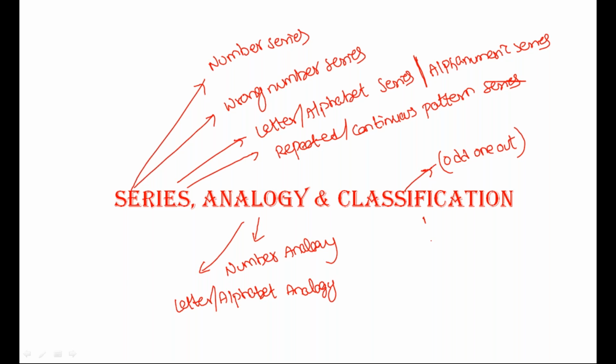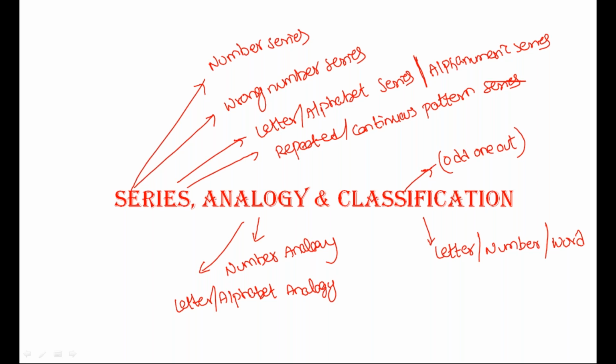Whereas in classification, we want to discuss again letter odd one out, number odd one out, and word odd one out also. They'll give some words, and you should find which is the odd one, the different one among them.